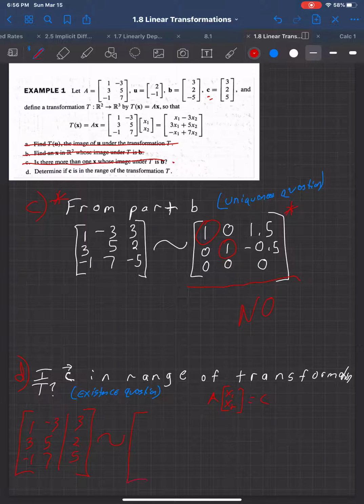All right, so here's what it looks like. We have 1, 0, 0, negative 3, 1, 0, and 3, 2, and negative 35.